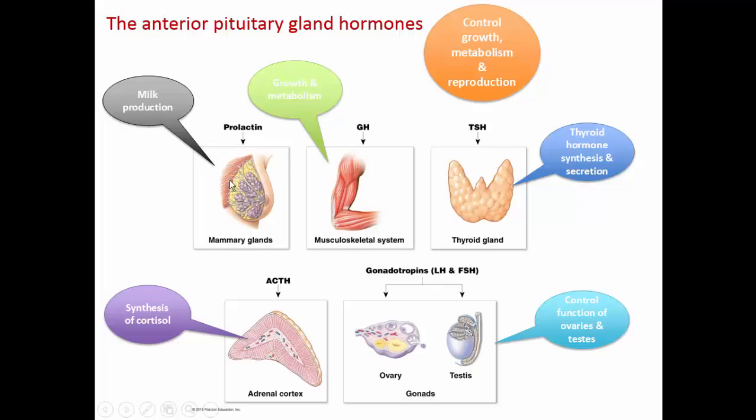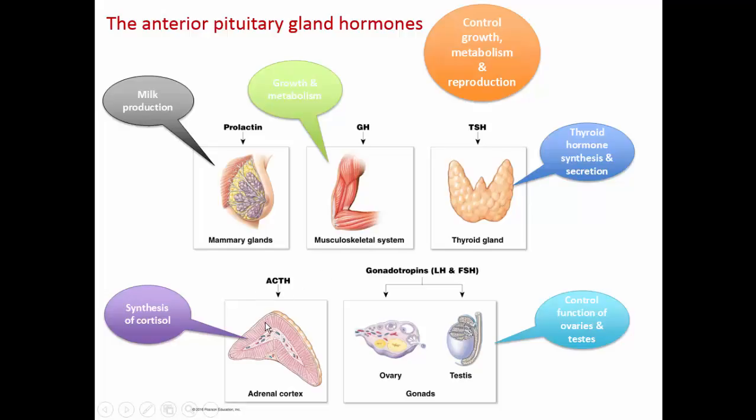Prolactin is important for controlling milk production in the mammary glands. Growth hormone targets many tissues around the body and has important effects on growth and also metabolism. Thyroid stimulating hormone targets the thyroid gland and controls synthesis and secretion of thyroid hormone.